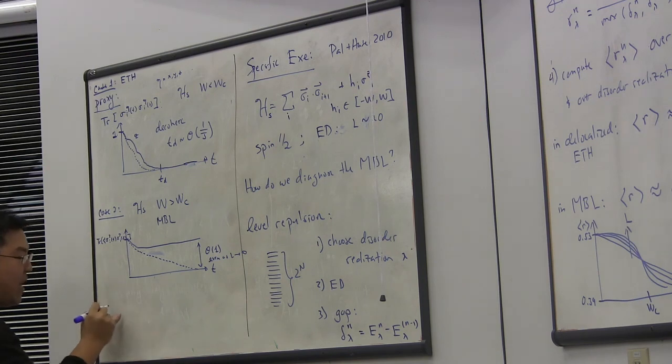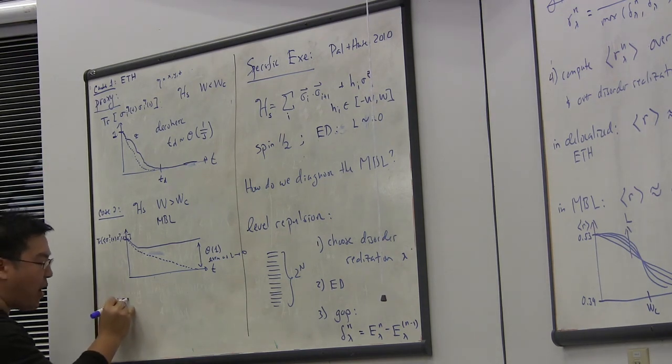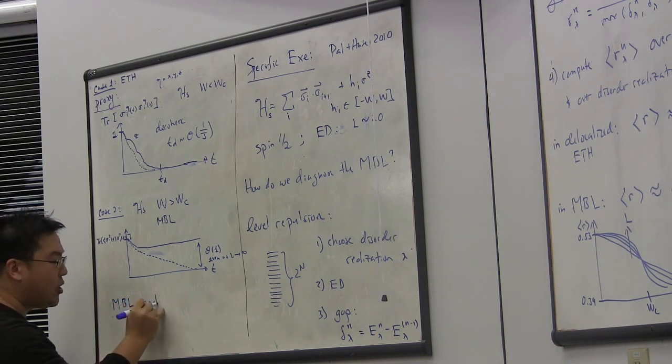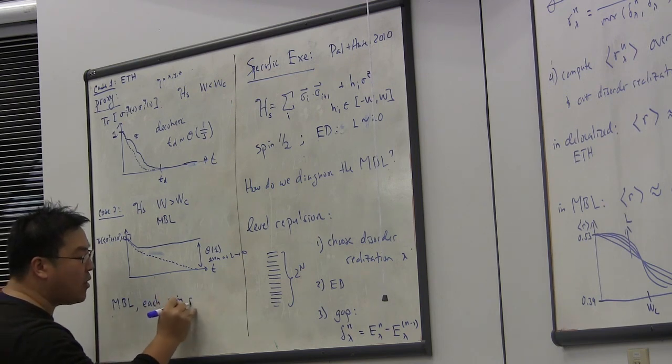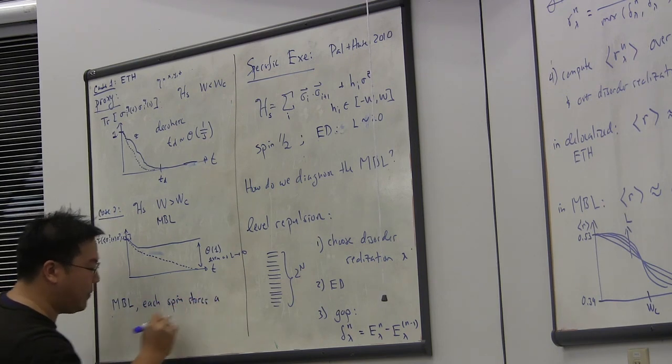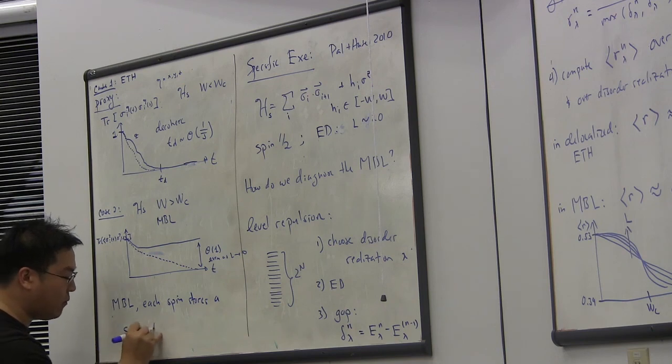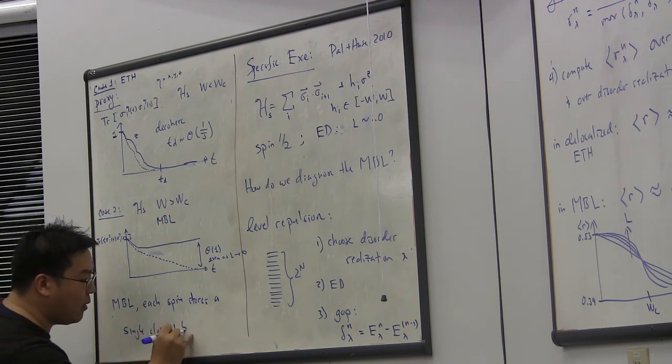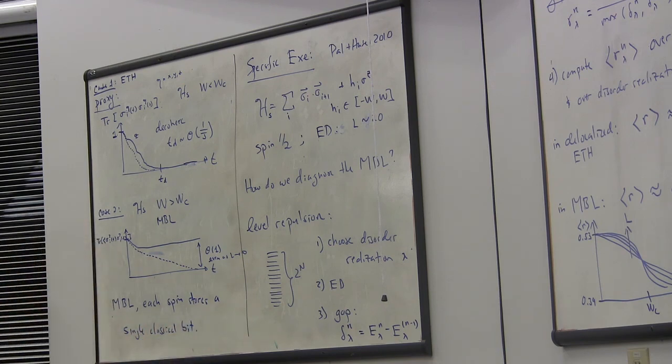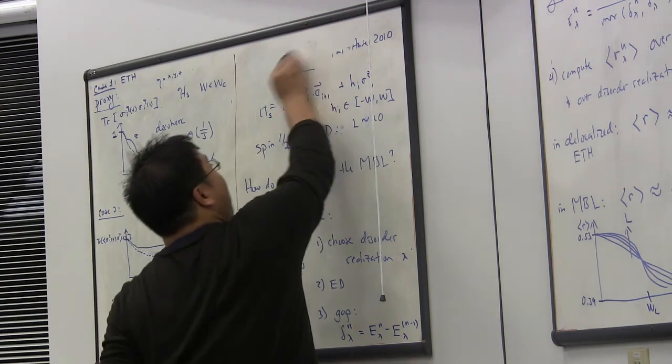This is what people mean when they say that in a many-body localized phase, each spin stores a single classical bit, a.k.a. each spin behaves as a classical memory. In the ETH case, we think of each spin as not storing anything. Each spin doesn't behave as a memory at all.